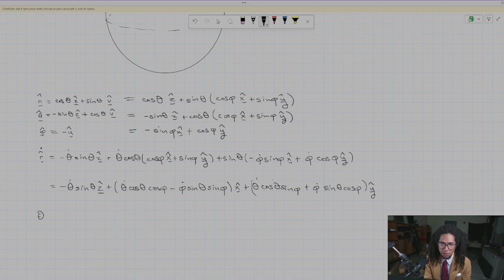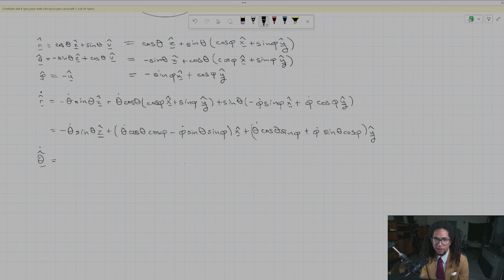Okay, let's do the same thing for the theta hat vector and the phi hat vector. So for the theta hat vector, in the first line, we'll just do all of our chain rule and product rules. So we get minus theta dot cos theta in the z hat direction plus, actually that should be minus theta dot sine theta times cos phi x hat plus sine phi y hat.